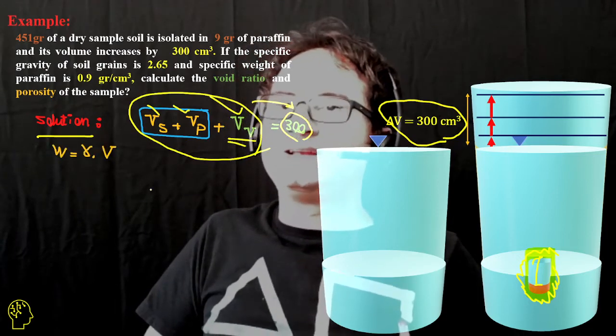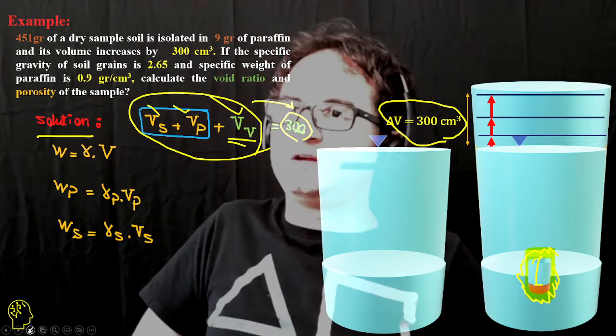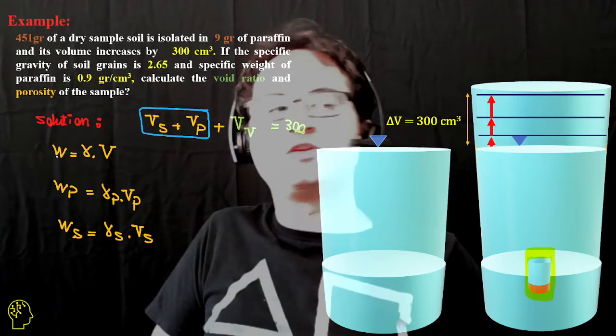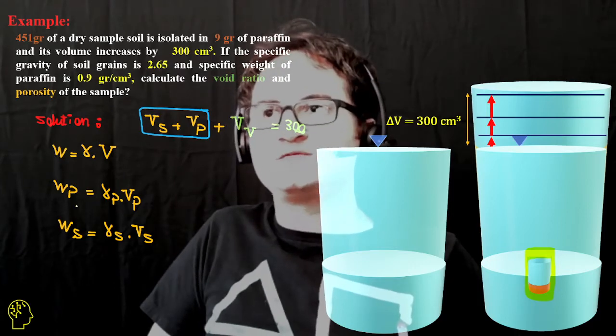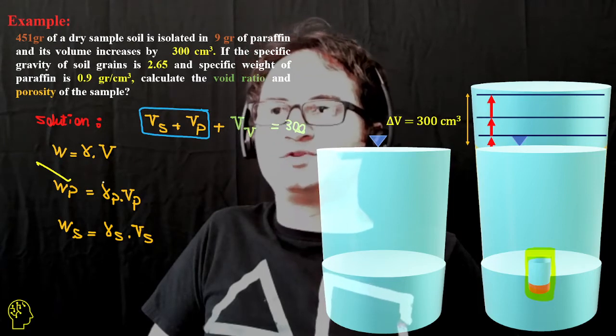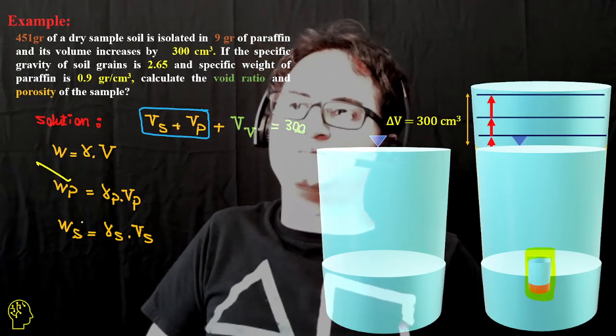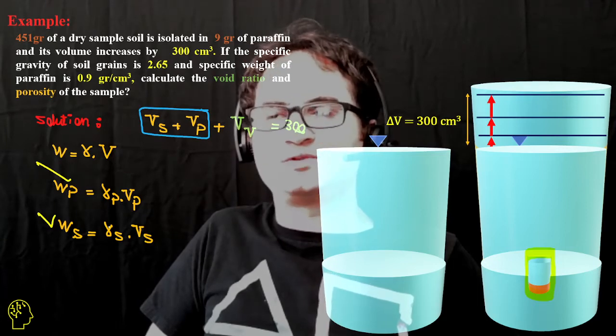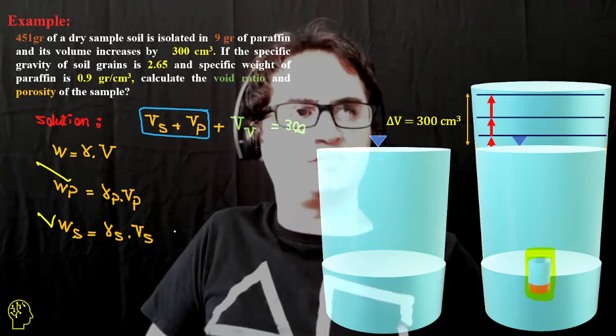So that is equal to 300. At the same time, weight is gamma times V, so the weight of paraffin is equal to gamma P times Vp, and likewise the weight of soil is equal to gamma soil times the volume of soil.